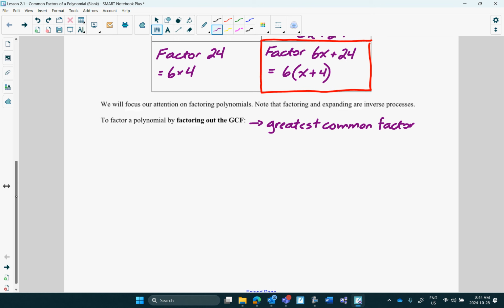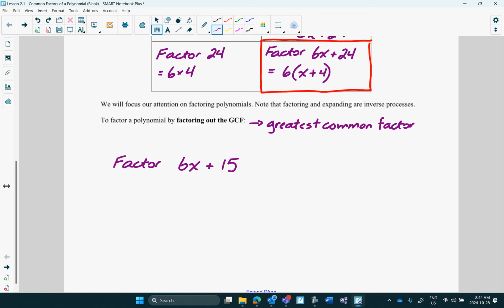So let's say I give you something like this. I want you to factor 6x plus 15. What does that mean? That means find two expressions that multiply to get 6x plus 15, where one is the greatest common factor.